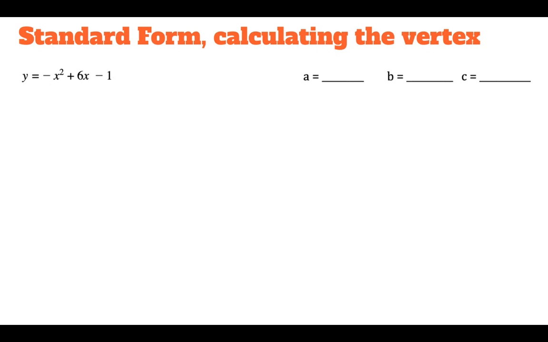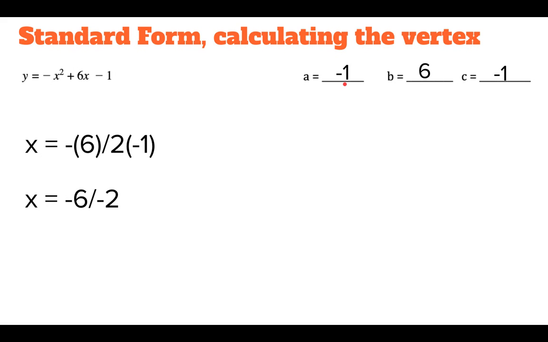Next problem. You'll notice that my a, b, and c I locate first. When I plug it into the formula, remember it's opposite of b, so this is going to be -(-6) over 2 times a, which is -1. -6 divided by -2 is that +3. I then plug it in.